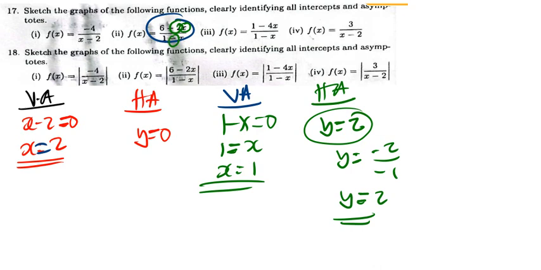Okay, I want someone to tell me what the horizontal asymptote is going to be for this one here. Fast, quickly. What is that? It's going to be what? Okay, perfect.